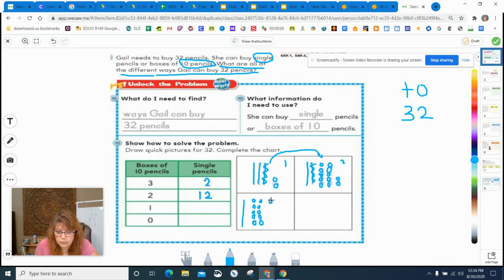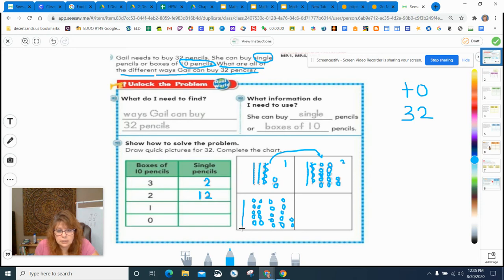I have to draw them too. 1, 2, 3, 4, 5, 6, 7, 8, 9, 10. And then I have to do the 2 lonely ones from the 32, the 2 singles. 1 and 2. So I know that these 2 rows, this is a 10 and this is a 10, and there are two singles here. That's why it's important to put them in groups of 5.